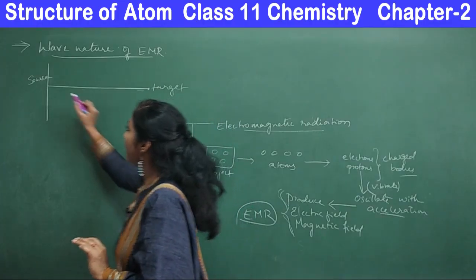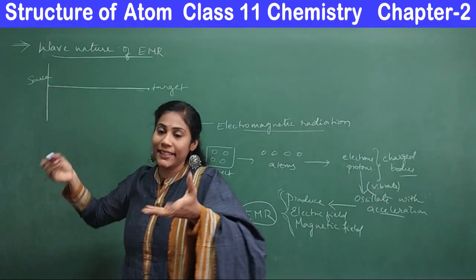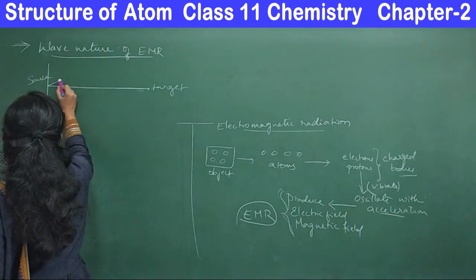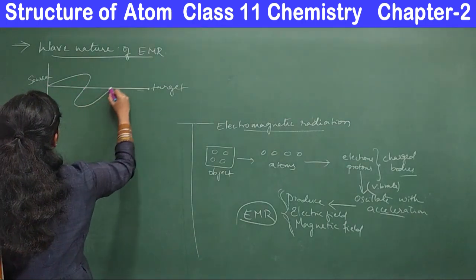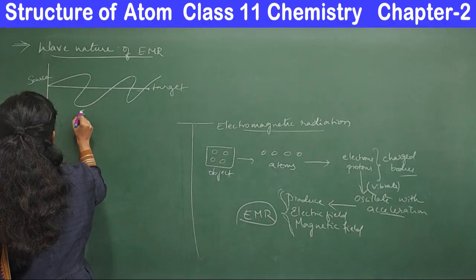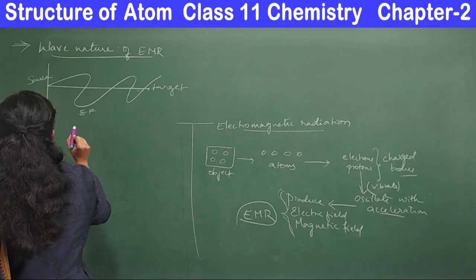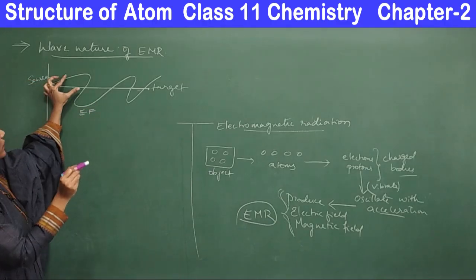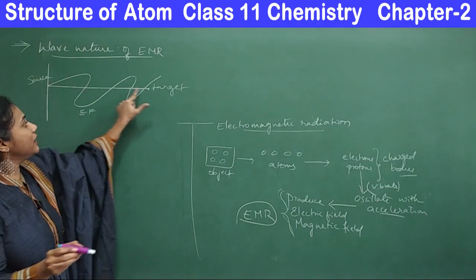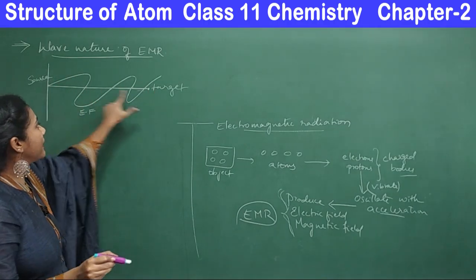From a source you will have both electric field and magnetic field. Think that this is the wave of electric field. See, this particular electric field wave is traveling perpendicular to the direction of propagation.